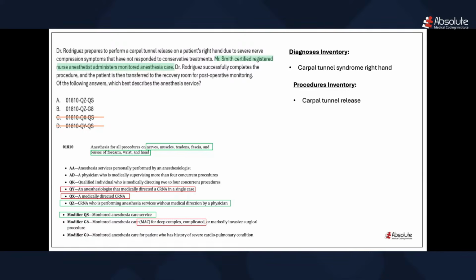So that makes option B incorrect, and the correct answer is option A, which is coding for the QS modifier, which is for monitored anesthesia care service. So the correct answer, as most of you have said, is option A, 01810 and QS modifier.